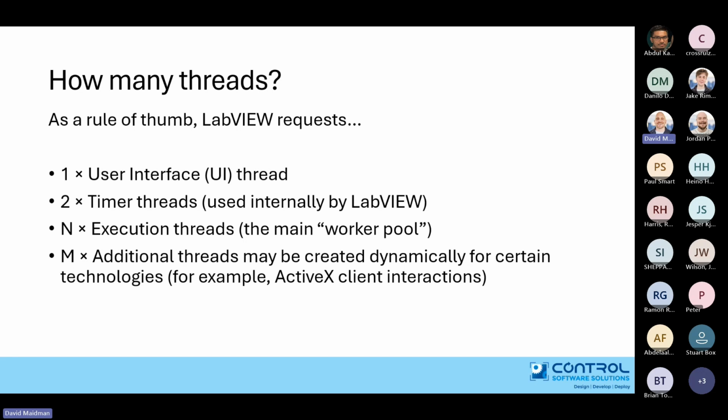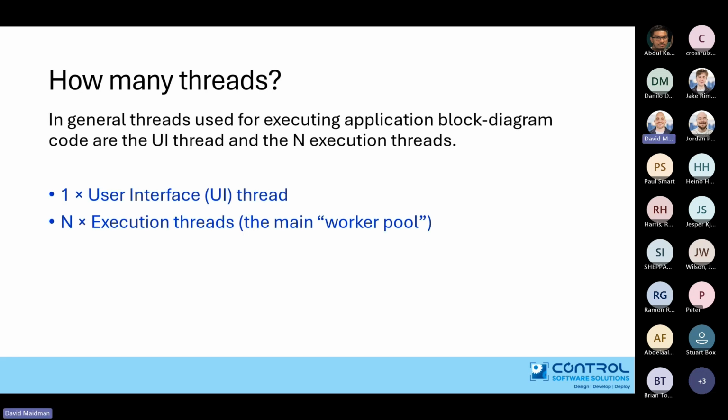So what I'm going to do is cut that list down, because from that list there are 2 areas where we really have some influence, the areas that we can use when structuring our application. So we have our 1 user interface thread, and then we have a number of execution threads.